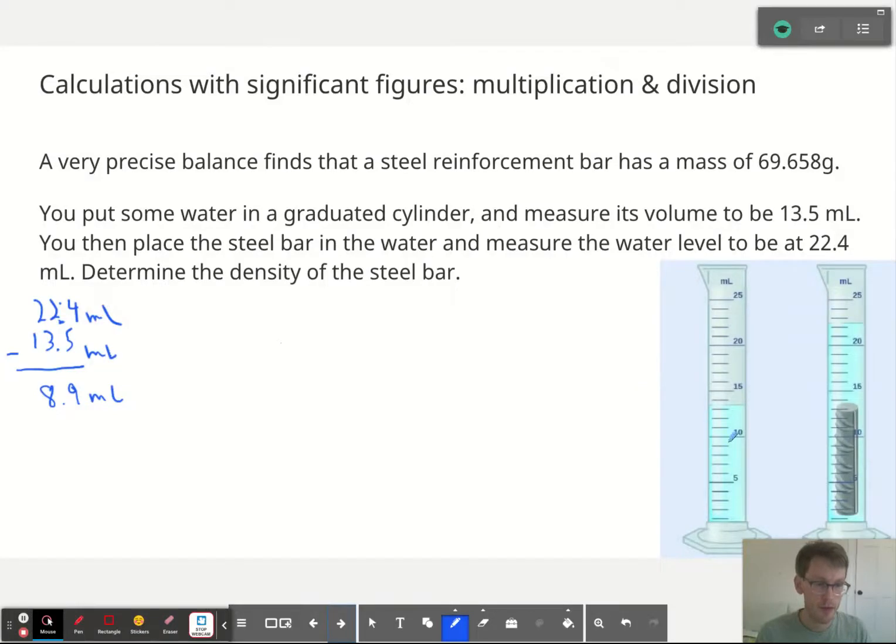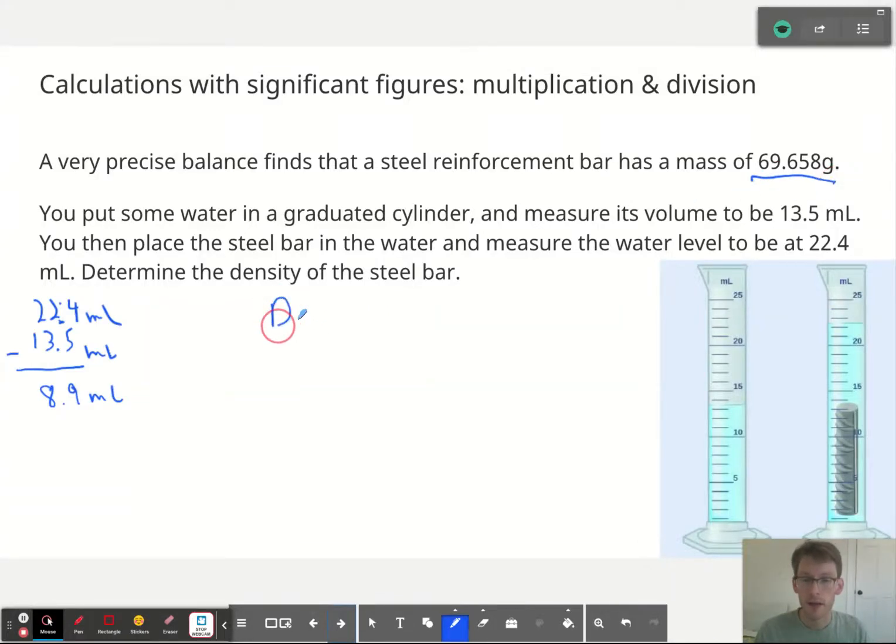I know this because I had 13.5 milliliters of water. When I added the steel, it went up to 22.4 milliliters. And that difference is the volume of the steel. It is 8.9 milliliters. I also know that the mass of the bar is 69.658 grams.